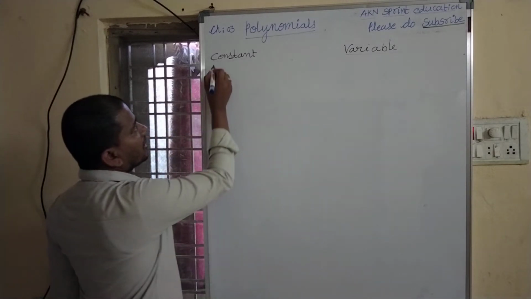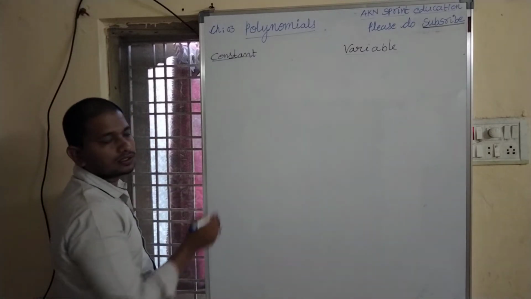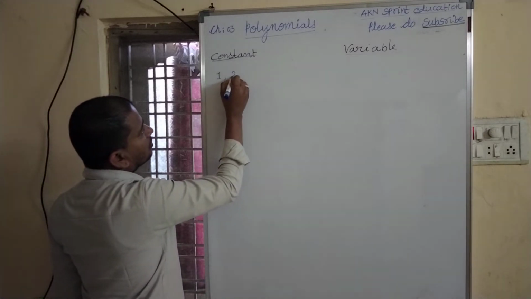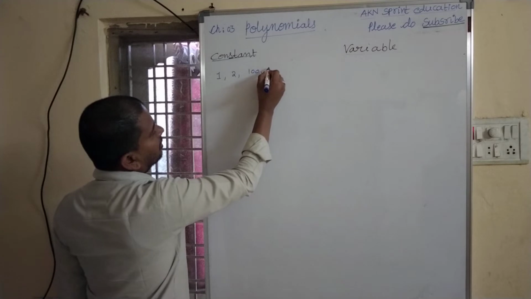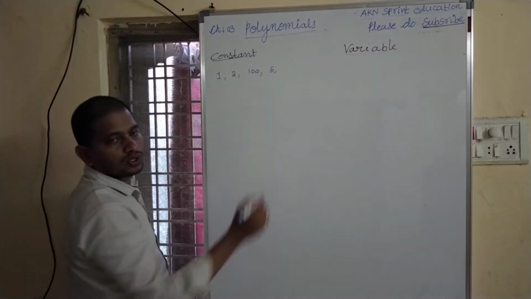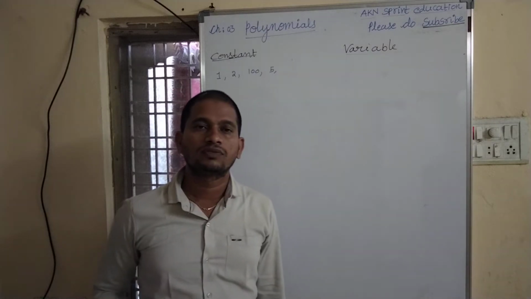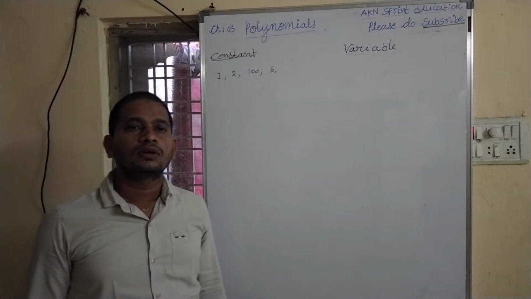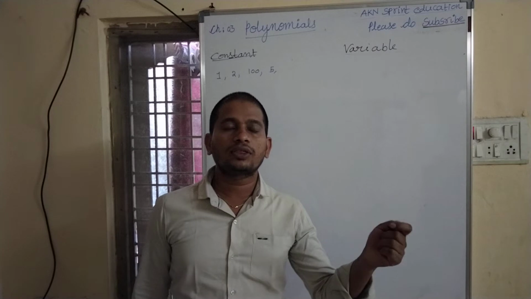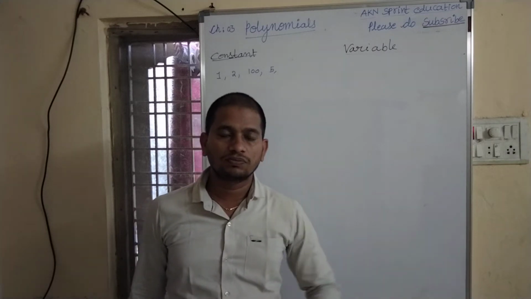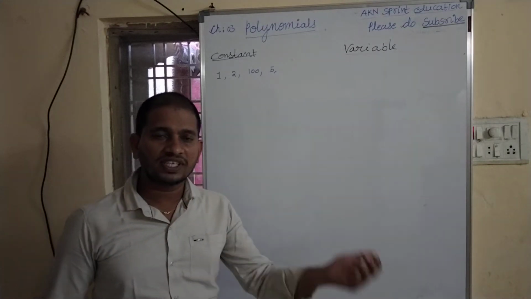Generally, numericals are called constants. For example, 1, 2, number 100, number 5, and so on. Suppose the length and breadth of your classroom. Is it a fixed value or not?